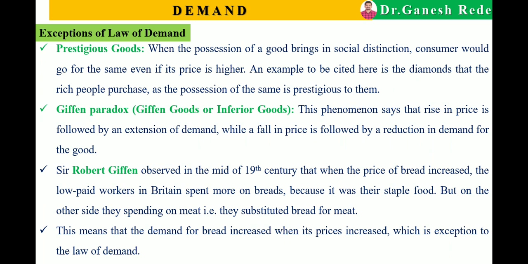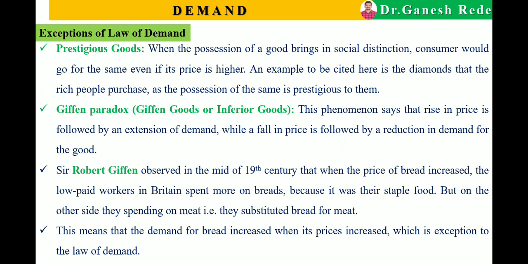He observed the prices of bread. In the 19th century, when the price of bread increased, the low-paid workers, meaning laborers in some industries in Britain, spent more money on bread, because it was their staple food. On the other hand, they spent on meat.